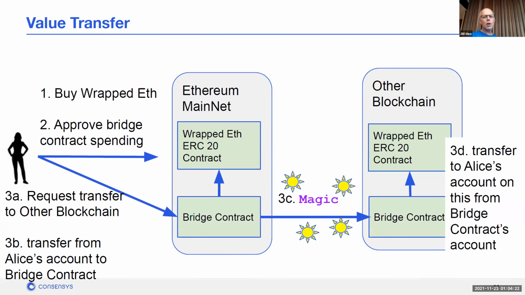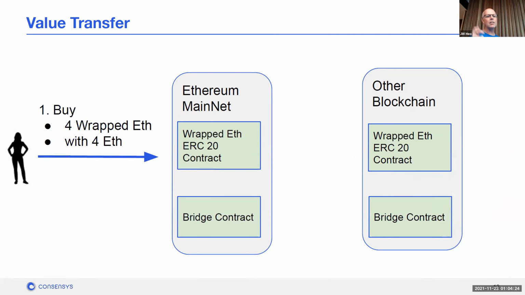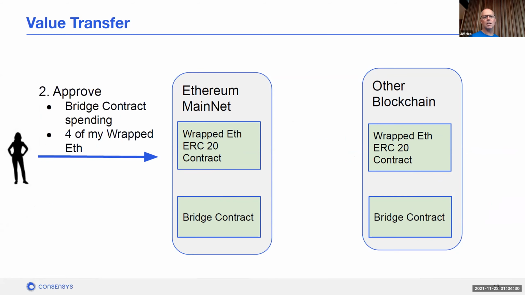And so your overall process is this. You buy some ETH, you buy the wrapped ETH as a starting point. And then with ERC20 contracts, either you're the person doing stuff or you have to approve another account to do things on your behalf. And so what you do is you do an approve on that contract.